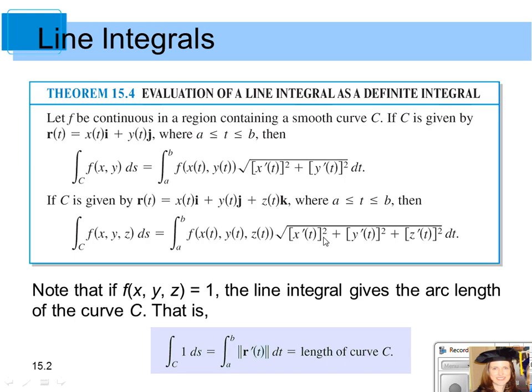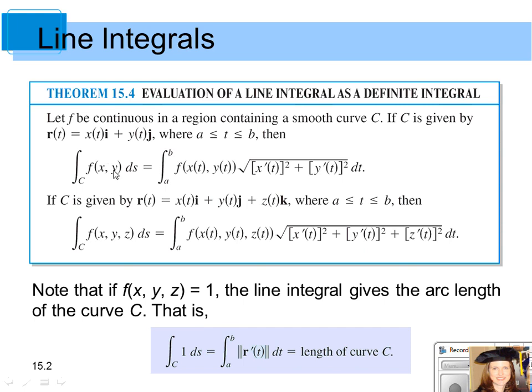This theorem shows us how to evaluate line integrals as a definite integral. What you need is a line integral in this form where you're given some f of x, y and ds, and you need a parametrization for C. You're going to then write this as a definite integral. On that path, the time interval is from a to b, so those are going to be your bounds of integration.